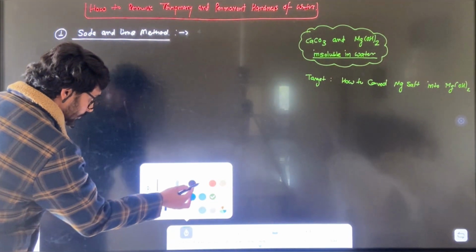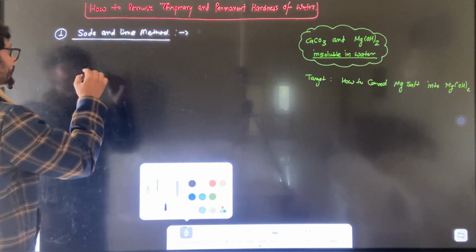Okay, so now through this method we can get our target. So our first method is basically the soda lime method.